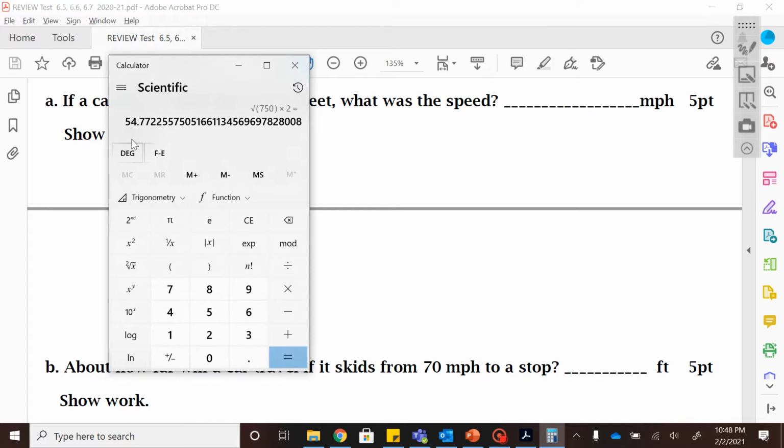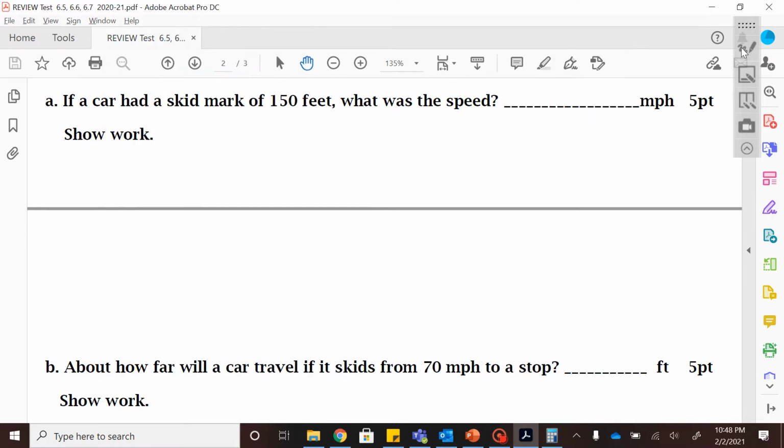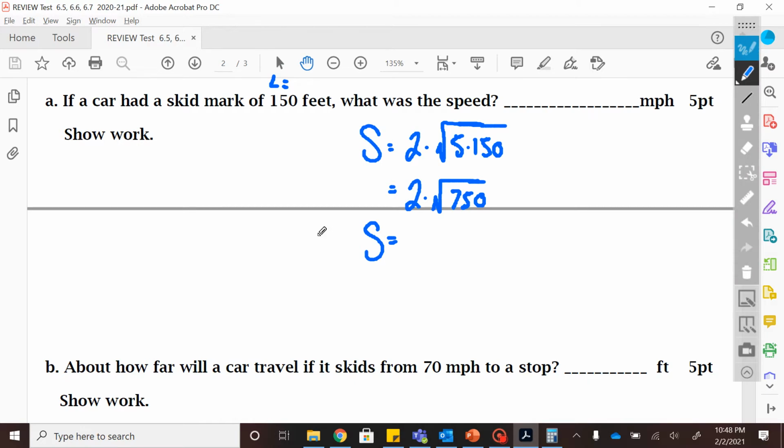All right, so it comes to about 54.77 or 55. Okay, so I'll say that the speed here is 55 miles per hour. So if the skid mark is 150 feet, then the speed was 55 miles per hour.